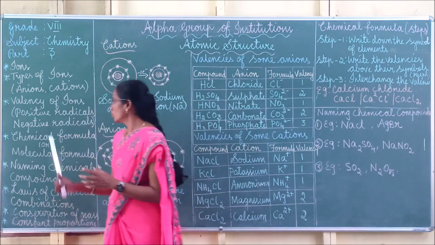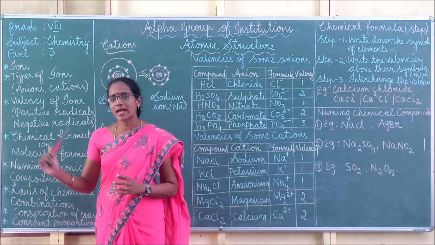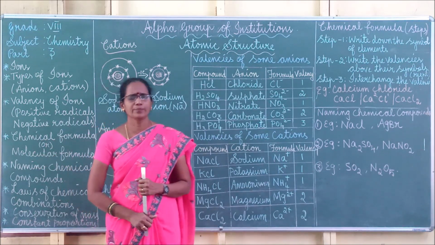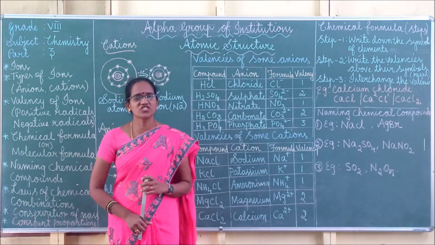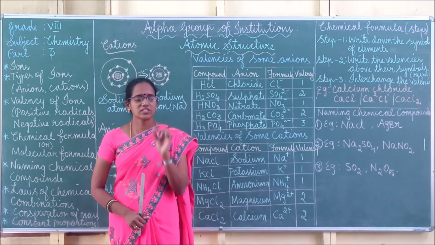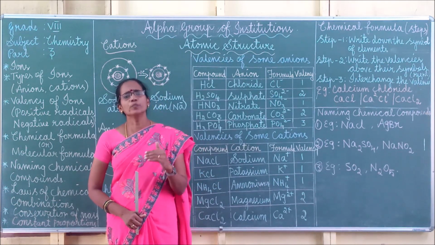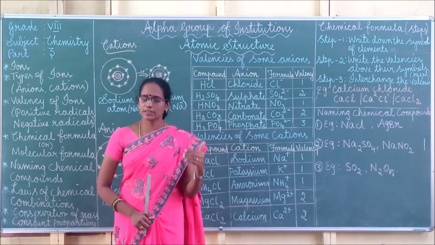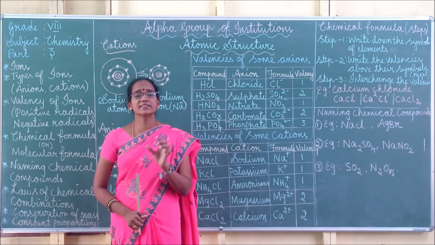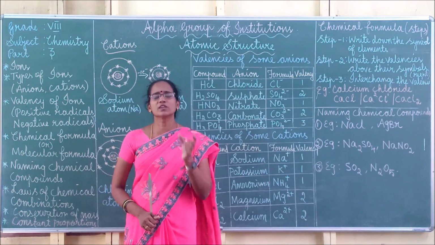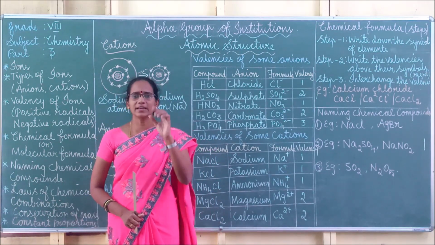Good. Now we can move to the chemical radicals, that is positive as well as negative radicals. Actually, valency is defined as the number of hydrogen atoms and also other monovalent atoms, like sodium, potassium, that is present in that atom.